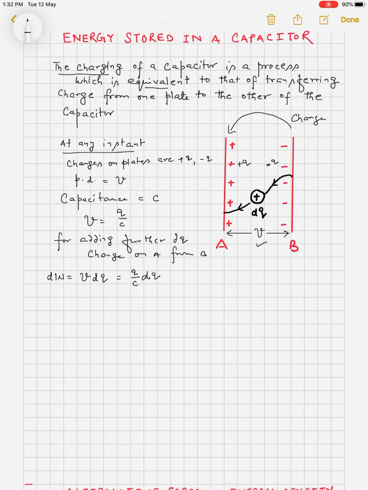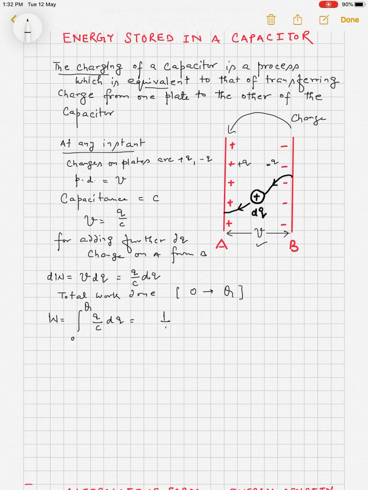So the total work done in building up a charge from 0 to Q. The charge has to be built up from 0 to Q. So the total work done W will be the integration of this dW from 0 to capital Q, and dW is Q upon C dQ.